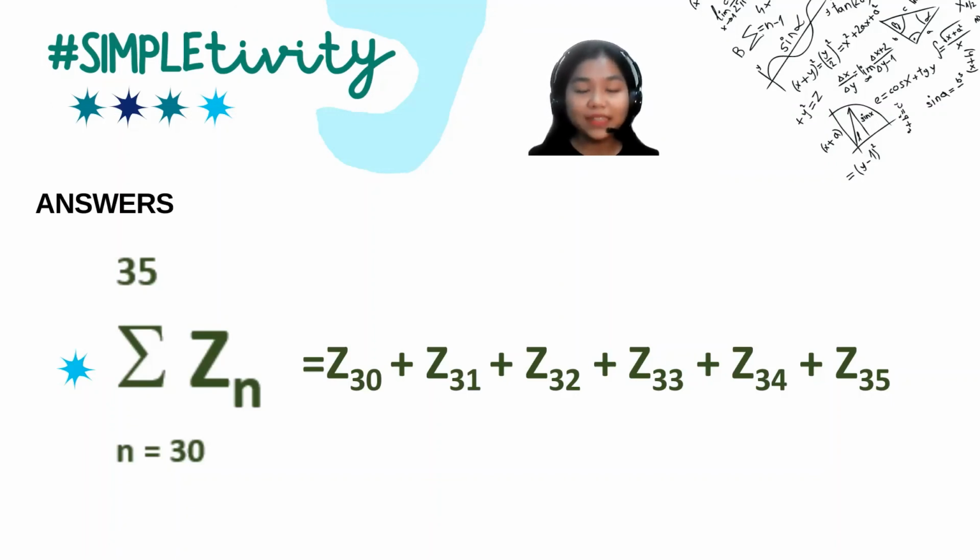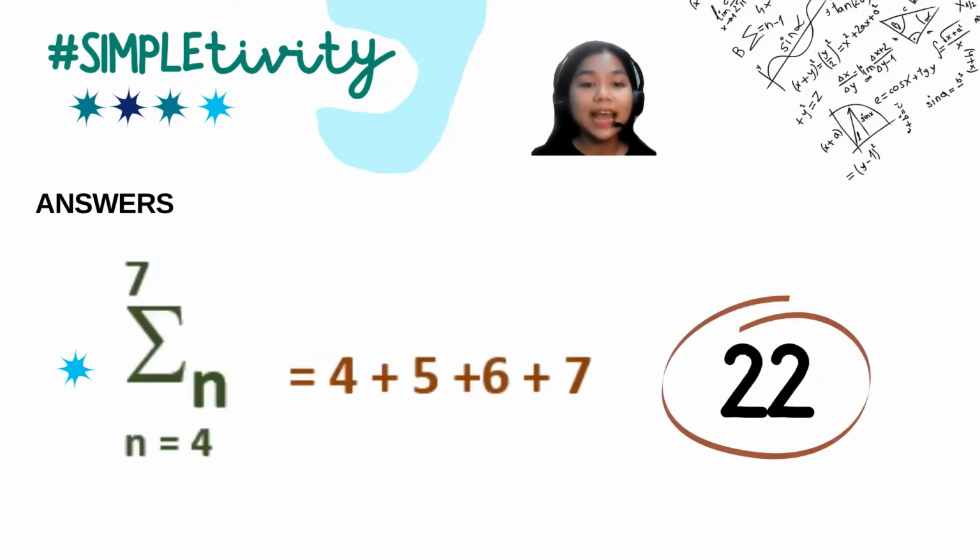I would like to emphasize that if ever you are assigned different values for different arrays, like Z30 is equal to 10, Z31 is equal to 20, Z32 is 8, dot, dot, until Z35 is equal to 5, you use those numbers and substitute for the different Z values in order for you to come up with a real number as an answer.